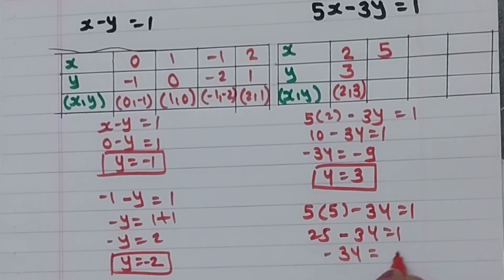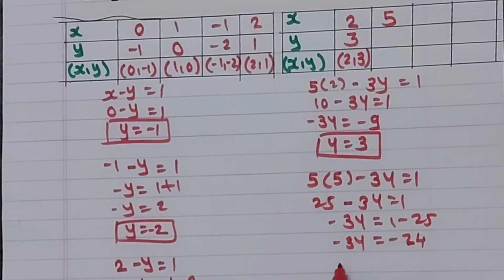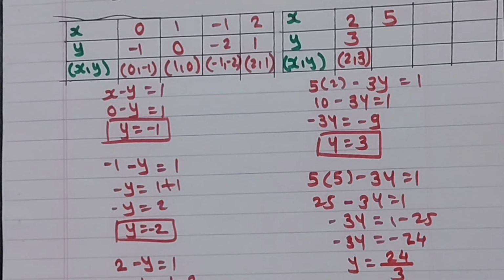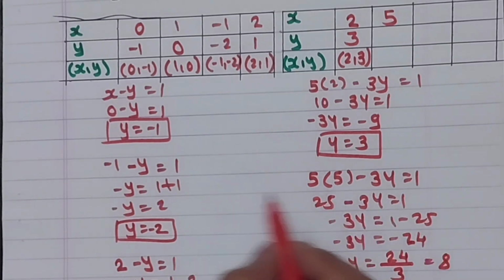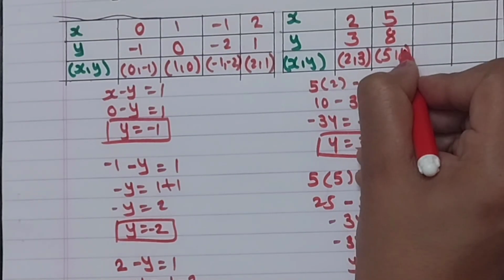Minus 3y is equal to 1 minus 25, minus 24 we get. So y is equal to 24 by 3. Minus minus will get cancelled. So y is equal to 8 we get. So y is equal to 8 if x is equal to 5. So we write here 8 and the ordered pair is 5 comma 8.